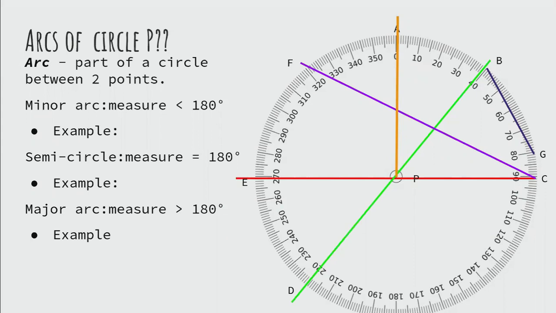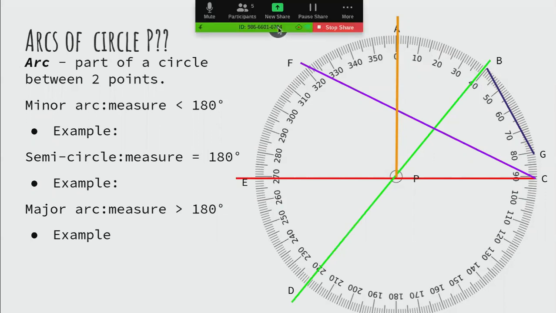If we look at the arc from A to B, it's supposed to start at 0 and end at 40. I haven't done too well with matching them up, but that should be at 40. So what we would do is count 5, 10, 15, 20, 25, 30, 35. So that arc is 40 degrees. Make sense?